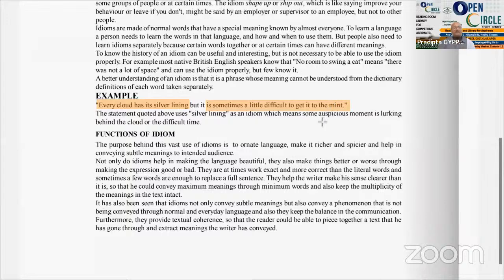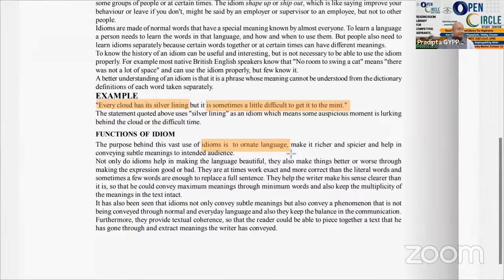So this is an idiom. The question is why idioms are used by people. If you are appearing for Olympiad exams, English Olympiad exams, idioms are a must. They will be asked. The purpose behind idioms is to make the language ornate. It makes your language richer, spicier, and helps to convey beautiful meanings.